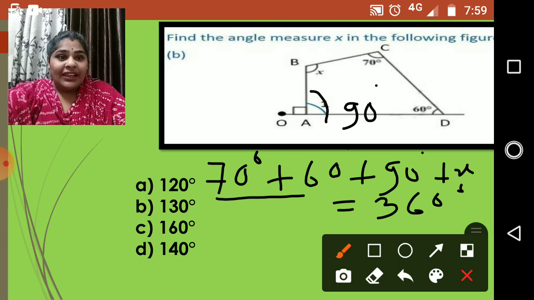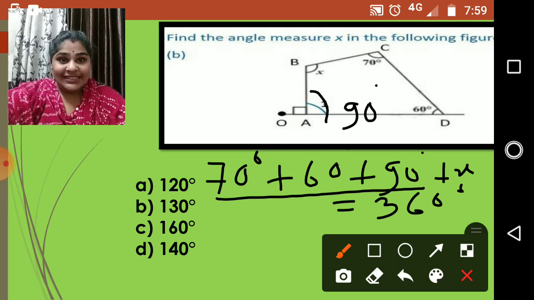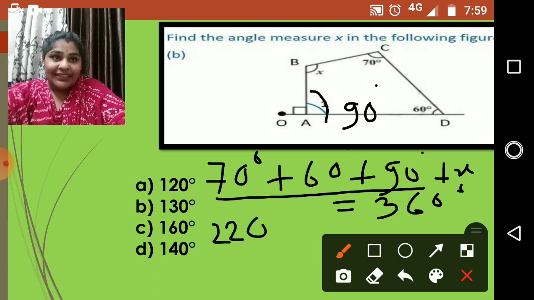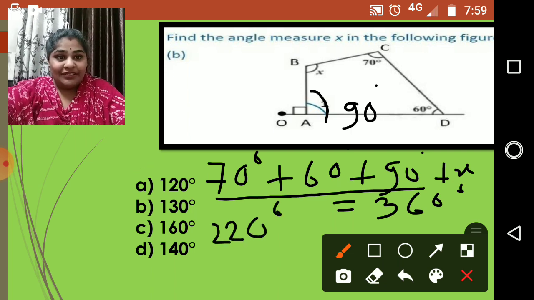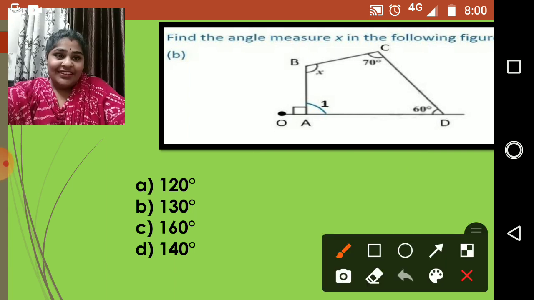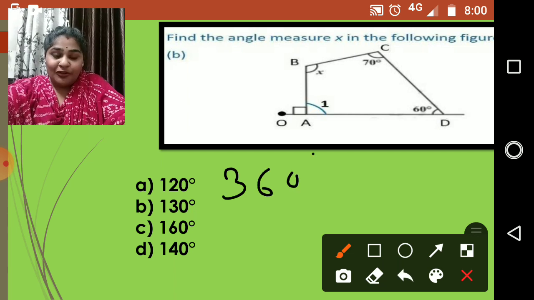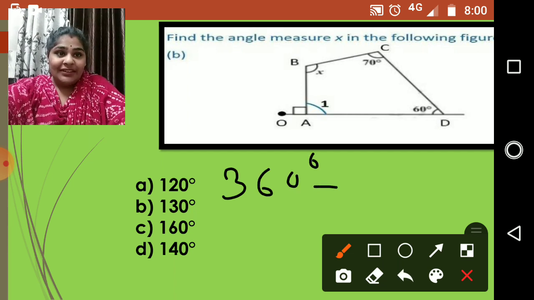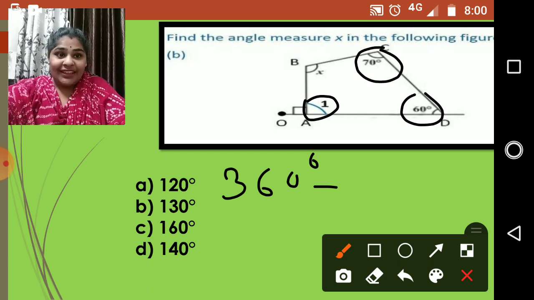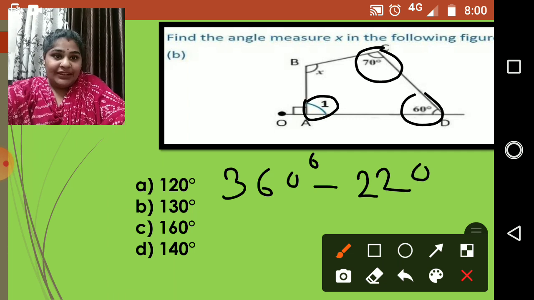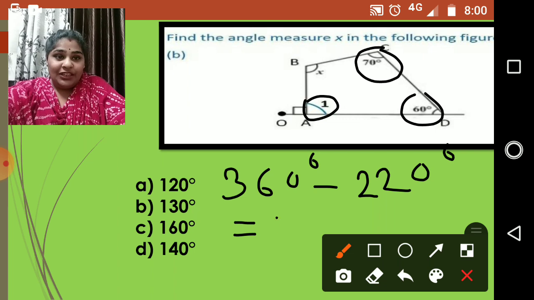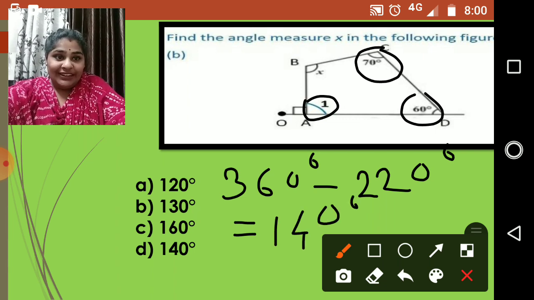Now adding these, 70 plus 60 plus 90, I will get 220 degrees, right? Then I will subtract this 220 from 360, that is the sum of the angles of a quadrilateral, minus the sum of these three angles, which is 220 degrees. So 360 degrees minus 220 degrees will be equal to 140 degrees.